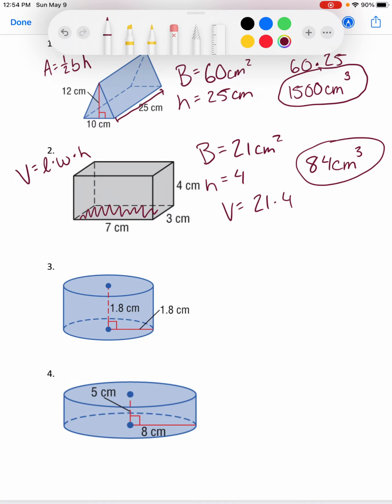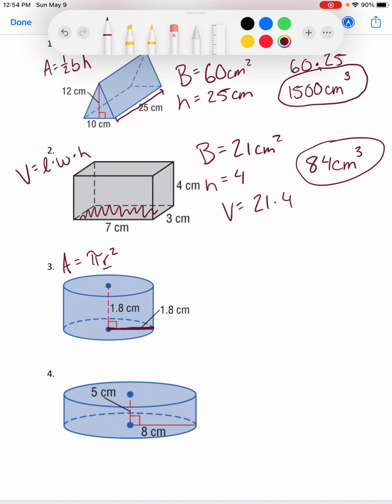Okay, now moving on to cylinders. Cylinders are, of course, going to have the same formula as the prisms, because they're really just circular prisms, essentially. But it's important to remember at this point that 1, the circles are always going to be our base, and 2, that the area of a circle is pi times radius squared, with the radius being the distance from the center of the circle to any point on the outside.